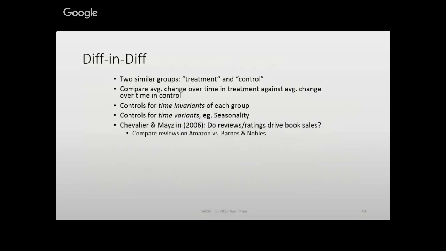Okay, so one of the best, heavily cited papers is this Chevalier-Mason paper, looking at Amazon reviews versus Barnes & Noble's book reviews. Basically the model is Y_it, the number of sales of book i in period t. The general model is that maybe there's some sort of treatment that happens in between the time periods.